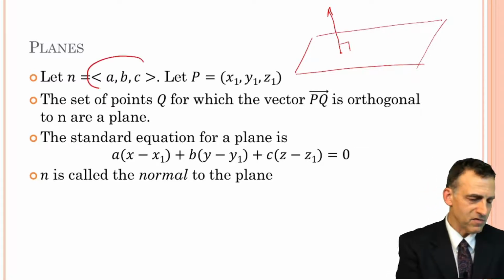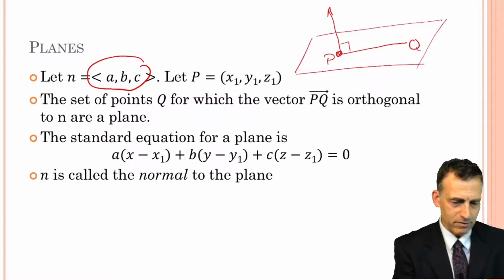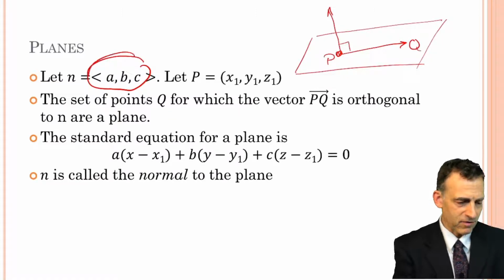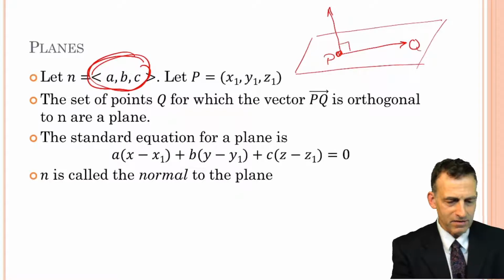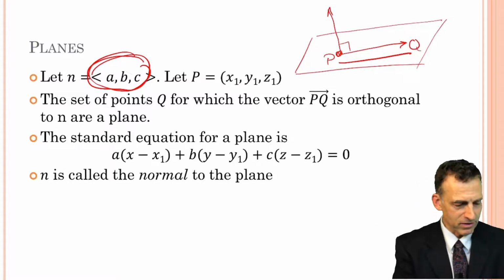You take this normal, and then you take any vector. So this is, by the way, the point P, and we'll just put a Q here. The dot product between the normal and this vector PQ will be zero. And you can see the echoes, if you will, of the dot product right here.